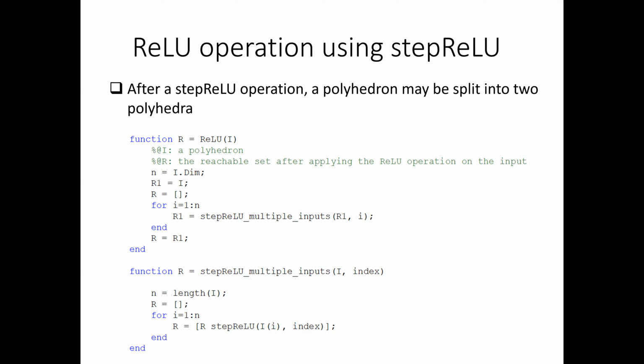So how do we write the ReLU operation using the step ReLU operations? Keep in mind that after one step ReLU operation, a polytope might be split into 2 polytopes, right? And then when you come to the next step ReLU operation, you need to have the ability to handle multiple polytopes at the same time, right?